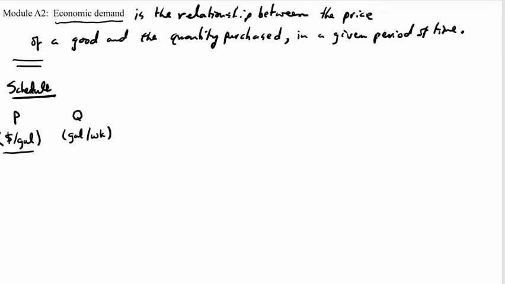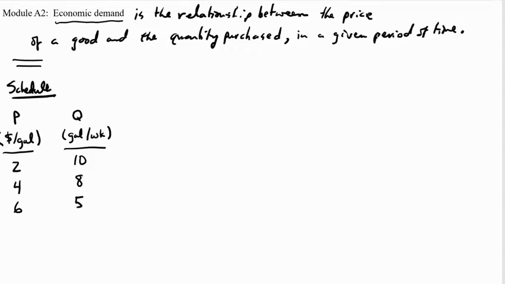And we might consider what would happen if a household had a price of $2 per gallon that they were faced with at the gas stations around them. Perhaps this household would buy 10 gallons per week. If the price were instead $4 per gallon, this household might buy 8 gallons per week. And if the price were up at $6 per gallon, it might only be 5 gallons per week.